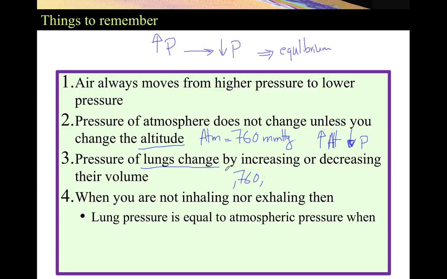So it's going to be less than 760. That pressure is 759. And when we're discussing exhalation, the lung volume is decreasing, which means pressure is increasing, and therefore the pressure would be one number above 760, which is 761 millimeters of mercury.